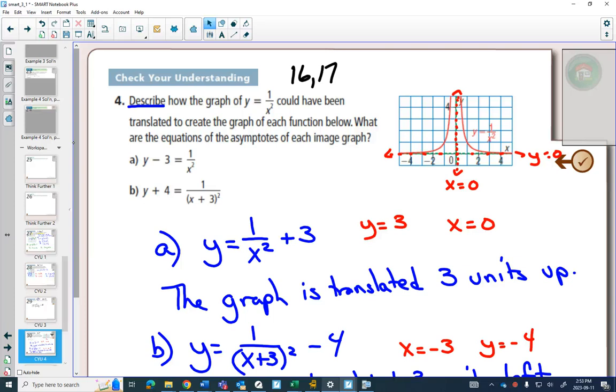This one has a y-intercept at 0, 1, but again, no x-intercepts. This one does have an x-intercept, so this one you could put in 0 and solve for x. So for this one, if I put in 0 equals 1 over x plus 3, and negative 3 equals 1 over x, multiply both sides by x.